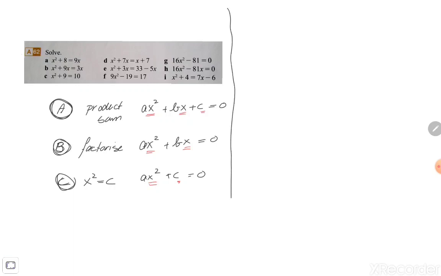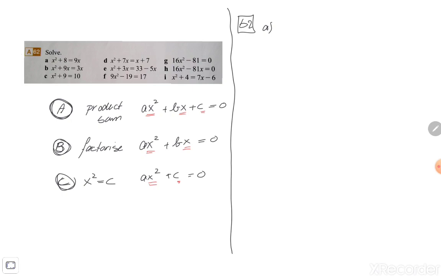Alright, let's just have a look at the first exercise, exercise 62a. And first we're gonna look which theory we're gonna use. Yeah, so in exercise A, I find something with x squared and plus x and a 9x.